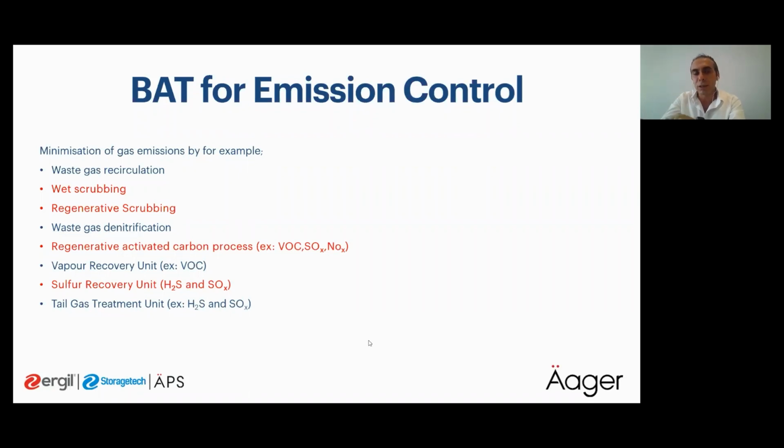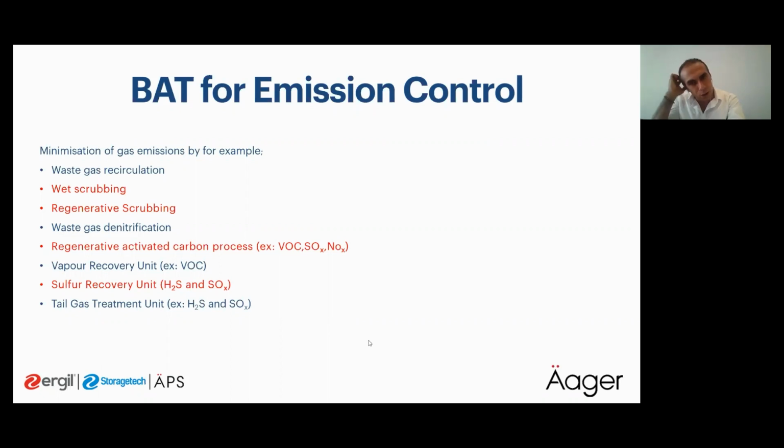Waste gas recirculation can be applied, wet scrubbing, regenerative scrubbing, waste gas denitrification, and the activated carbon process, vapor recovery unit, sulfur recovery unit, or tail gas treatment unit.